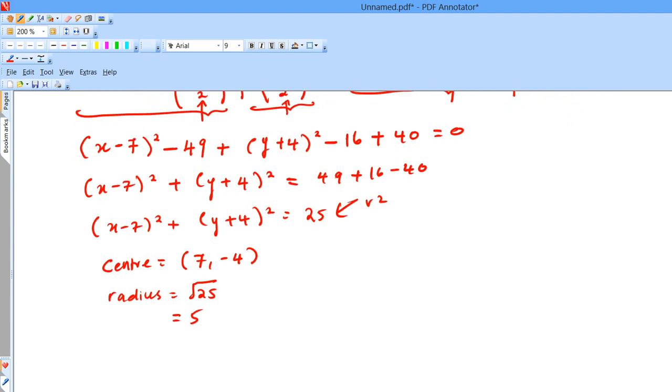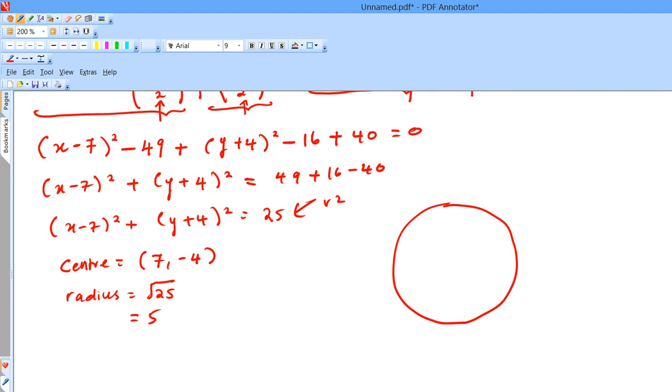Okay, from this, how do we sketch the circle? We have the center equal to (7, negative 4) and the radius equal to 5.